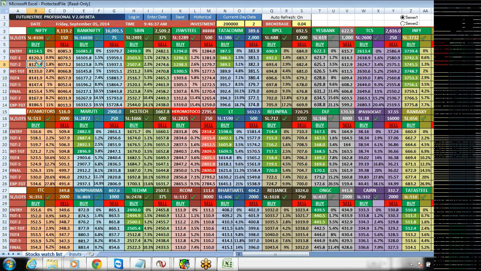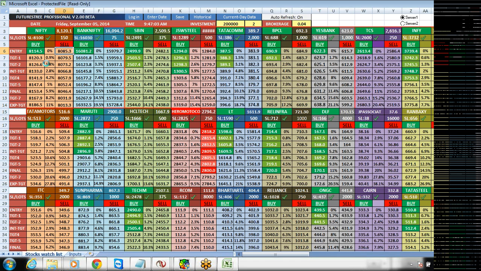In case the market reverses, Nifty will hit the stop loss at 8100, then you exit your buy call. And if it falls down, you'll get a sell call at 8085. These prices are generated automatically at around 9:15. As soon as the market opens, you'll have the prices and then you can trade.